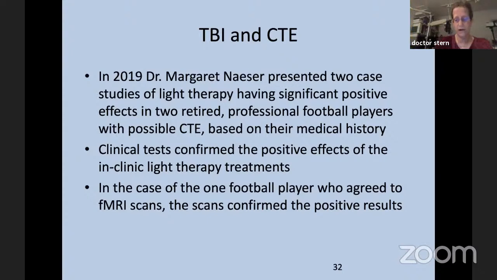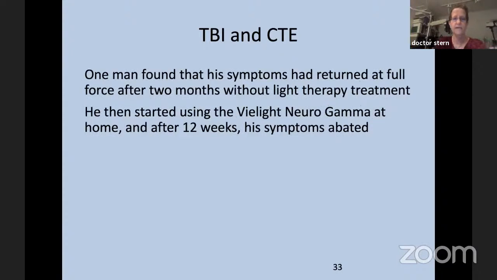An fMRI in one certainly showed changes. And when they stopped light therapy, one man found that his symptoms returned. And so he purchased a device, or was given a device to use, called the Vielight Neuro Gamma, which I'm going to show you a picture of.